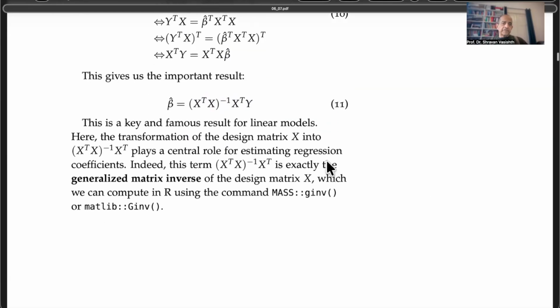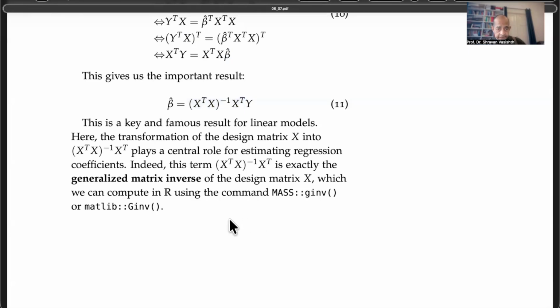Okay, so this is a very famous result and it's going to be super useful for us, because this part here, everything before y, has a special name and it's called the generalized matrix inverse. And this generalized matrix inverse is a very, very important tool for us for contrast coding.